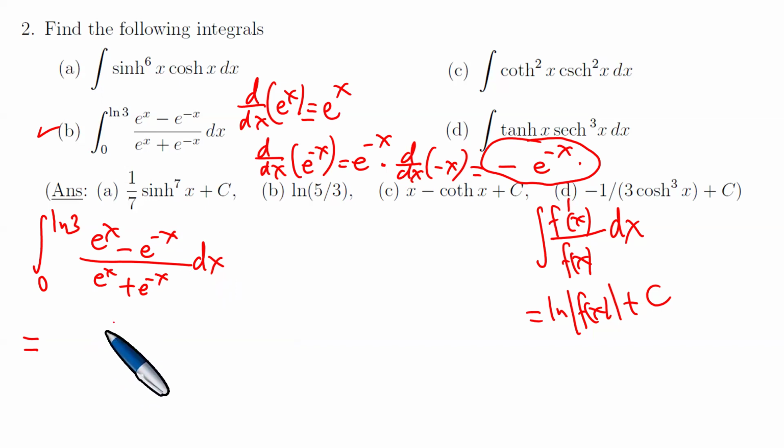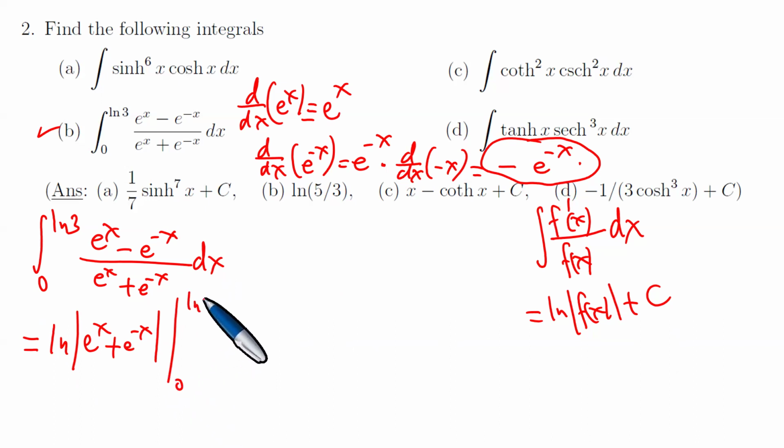Now, because this denominator, when you differentiate it, gives you the numerator, the integral becomes the ln of the modulus of the denominator, from 0 to ln 3.